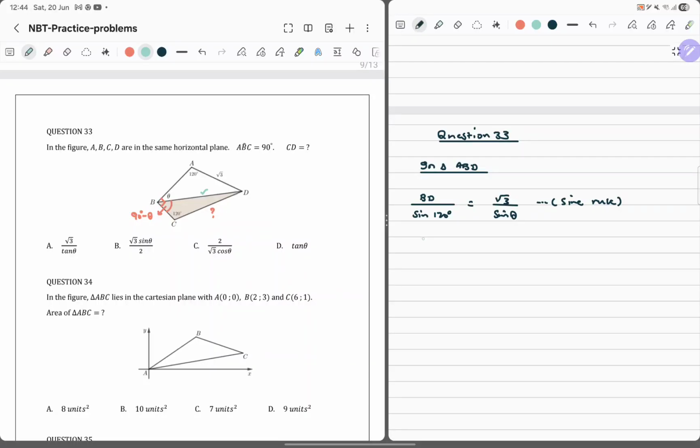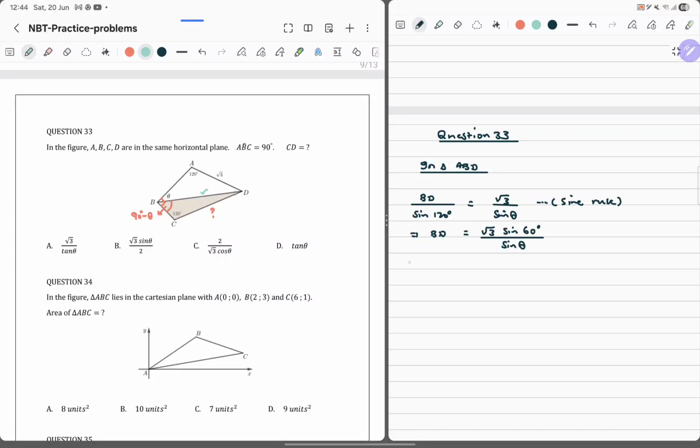Now we're looking for BD, so we can say this implies that BD is going to be root 3 sine of 120. This is as good as sine of 60 degrees, right? So when we reduce that, it goes to sine 60 degrees using reduction formulae over sine theta.